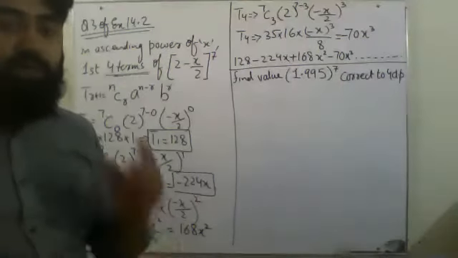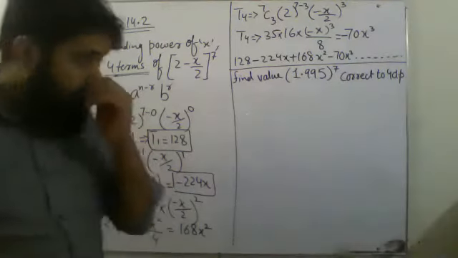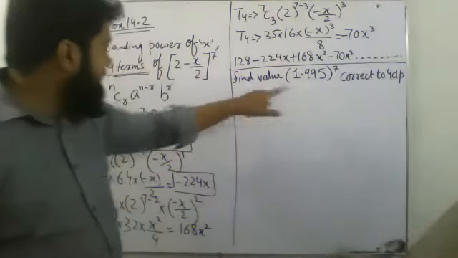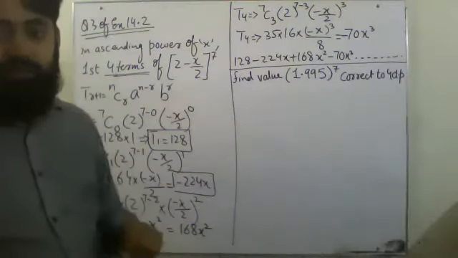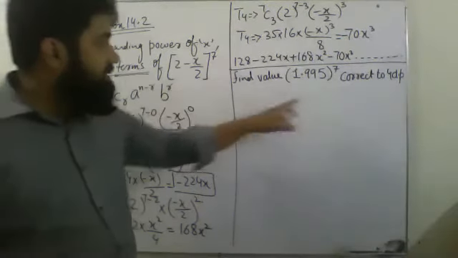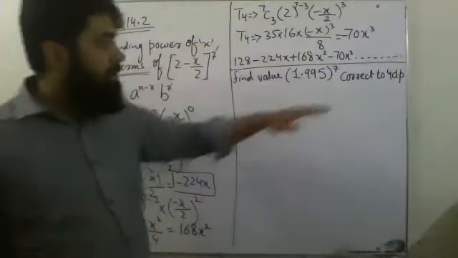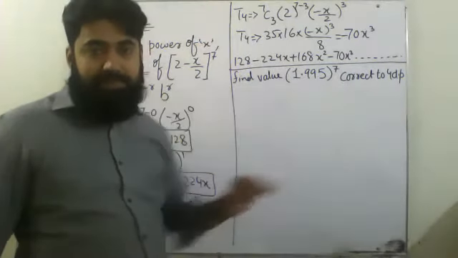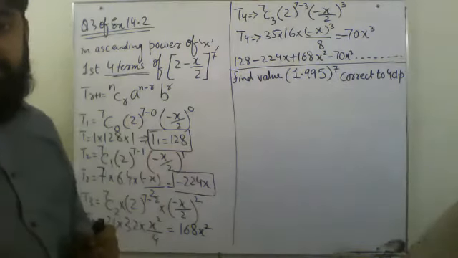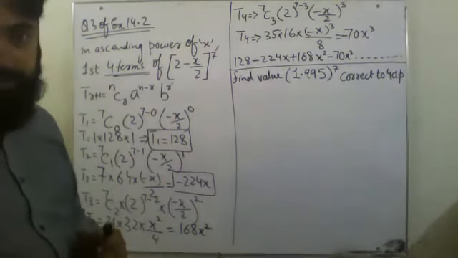Now, how will you use the answer of the first part? The powers are 7 and 7, it is expanded till the first 4 terms, and they have asked for 4 decimal places. We say that okay, they are connected.